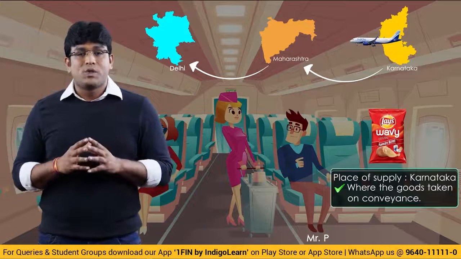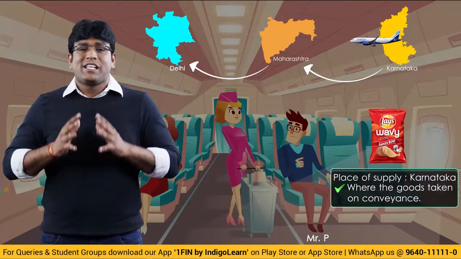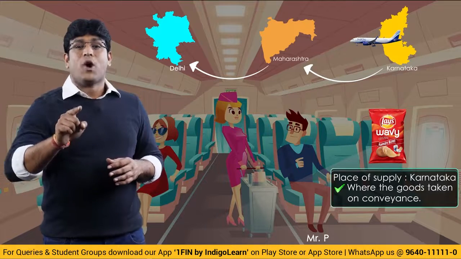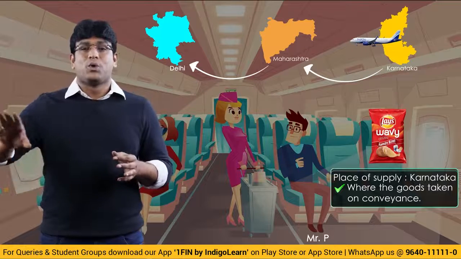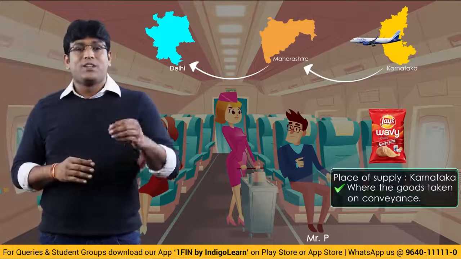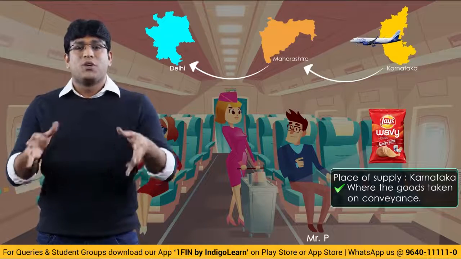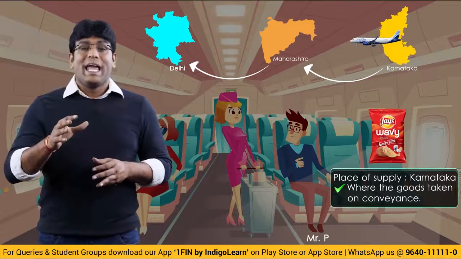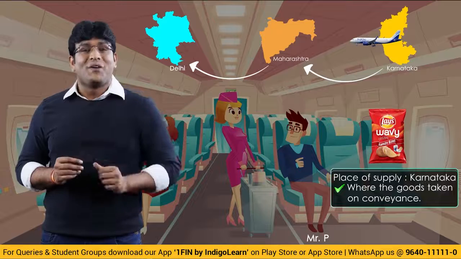And with respect to goods supplied on board a conveyance, place of supply will be the place where goods are taken on board. So in my example, when a flight is going from Karnataka to Maharashtra to Delhi, even though he has procured the goods during Maharashtra to Delhi journey, the goods were taken on the conveyance in Karnataka itself. So place of supply will become Karnataka only.